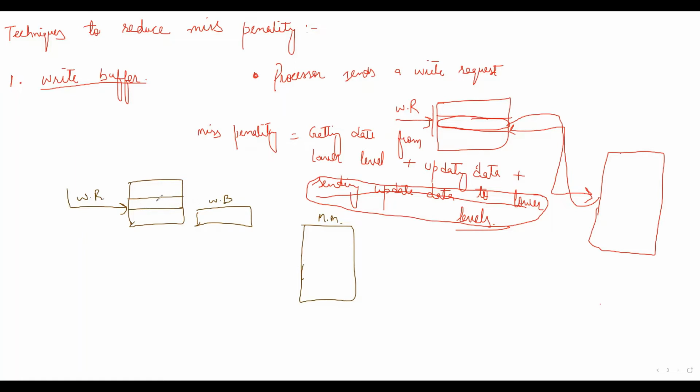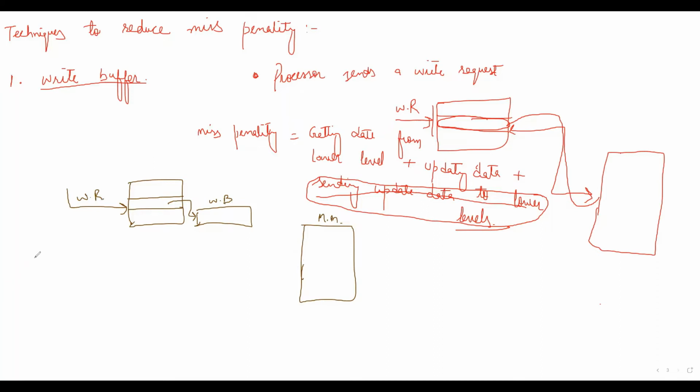After updating the block, it will send the block to the write buffer. And after sending the block to the write buffer, it won't care what is happening after that. It will now work on its own. This write buffer then sends the data to the other levels, to other caches, and to the main memory.